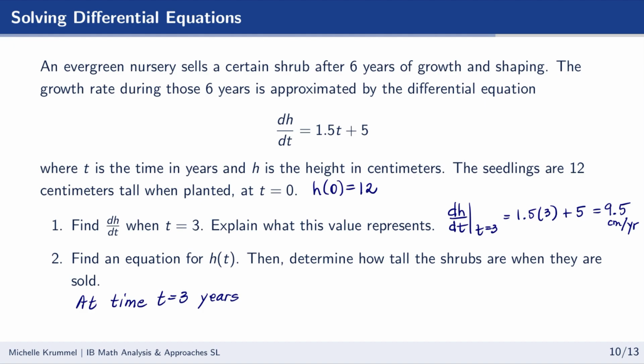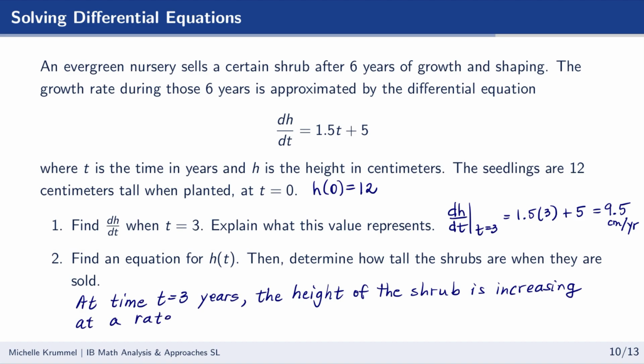At the exact time when t equals 3 years, the height of the shrub is increasing. And I know to say increasing and not decreasing because this derivative is positive. So is increasing at a rate of 9.5 centimeters per year.